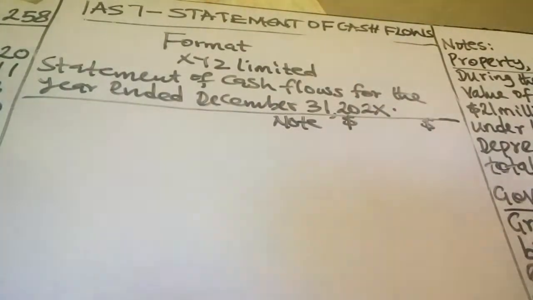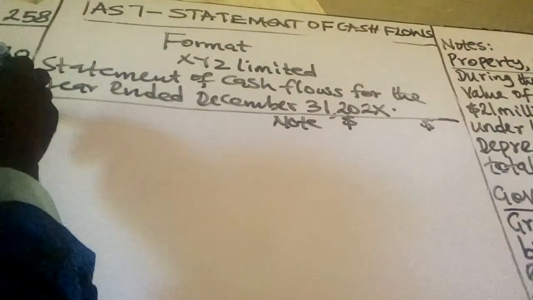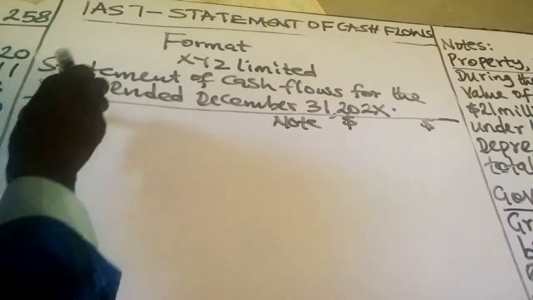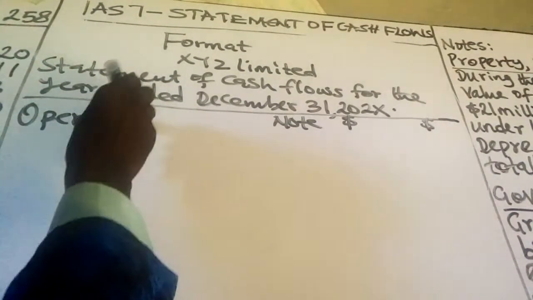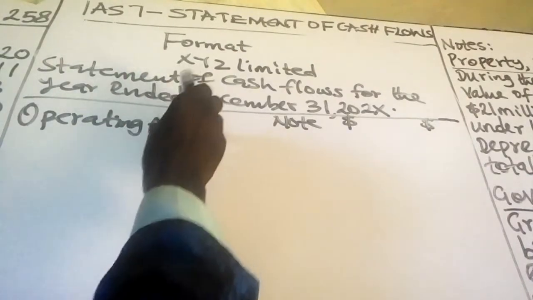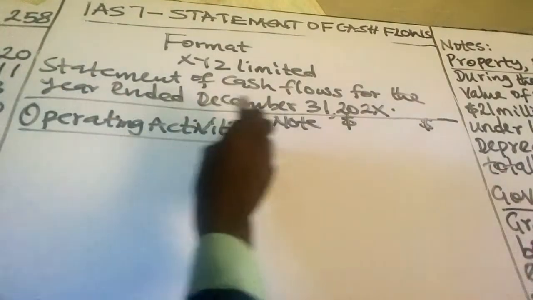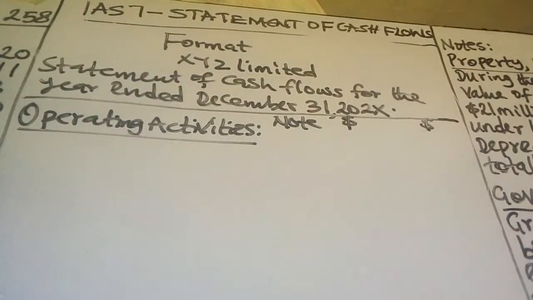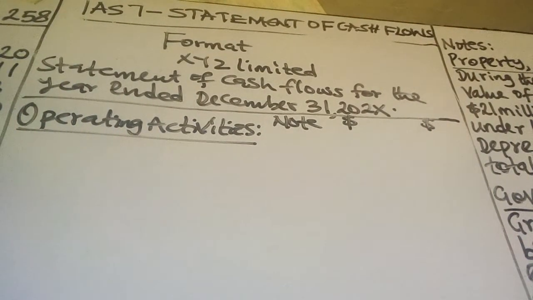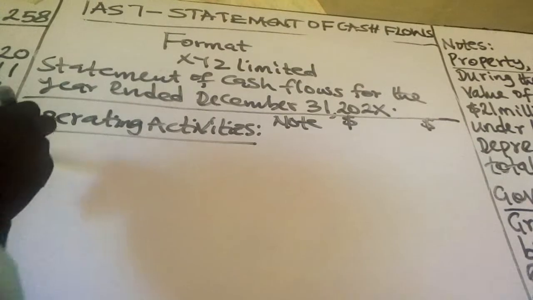Remember the first heading should be the operating activities. I've given you the examples of items that will fall under this heading. Number one is cash received from customers.